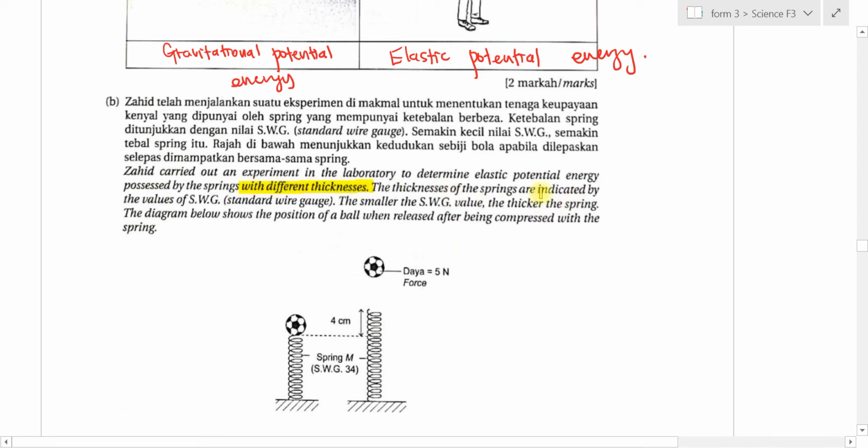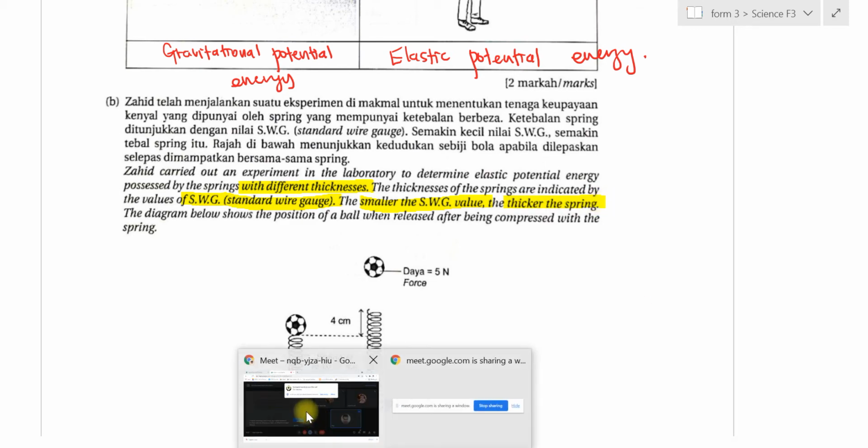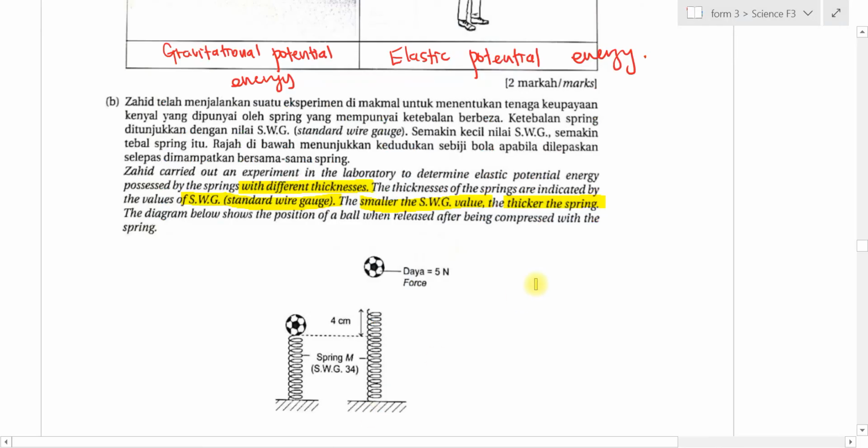The thickness of the spring is indicated by the value of SWG. What is SWG? It is the standard wire gauge. And it is also known that the smaller the SWG value, the thicker the spring is.